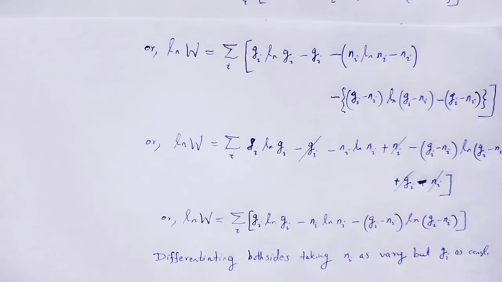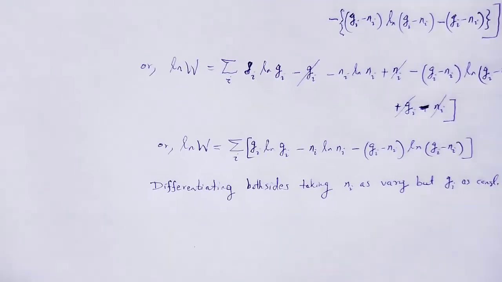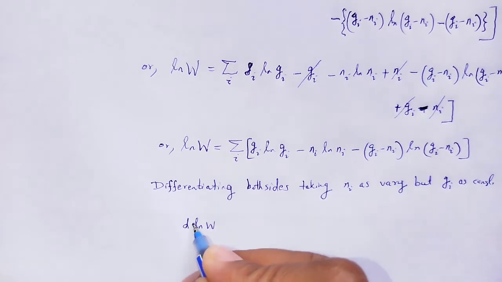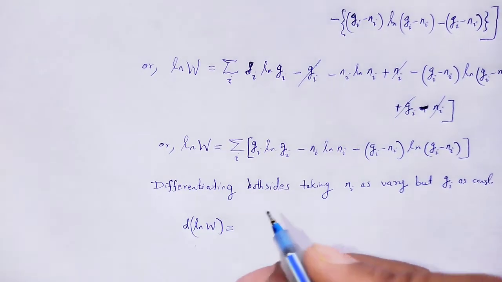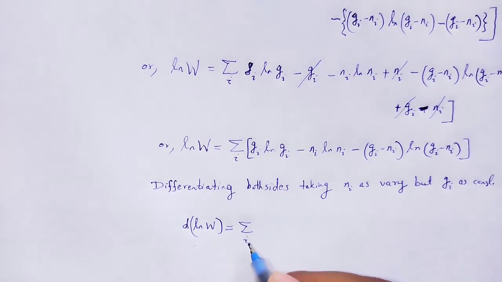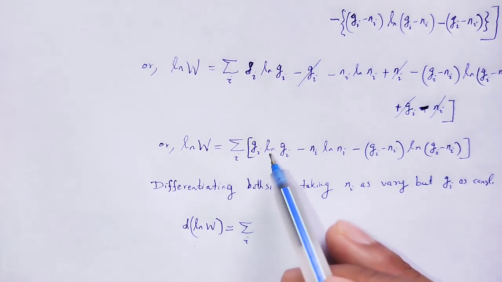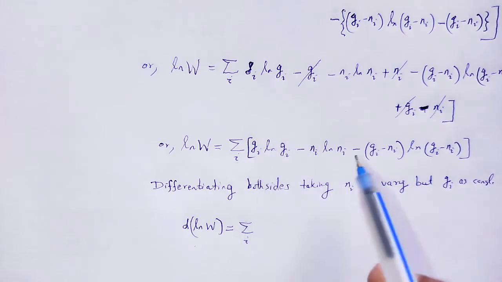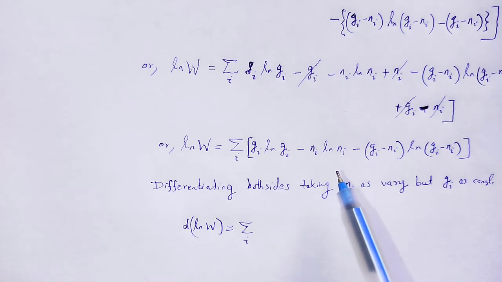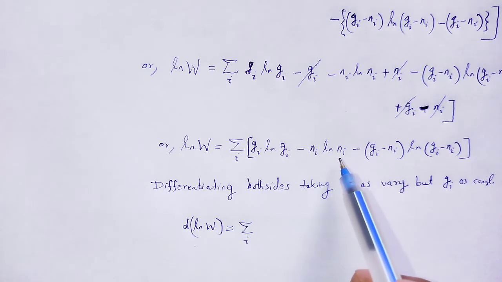Okay, differentiation: d of ln W is equal to summation over i of Gi ln Gi, the entire constant, so it will be 0. Next, minus Ni ln Ni.